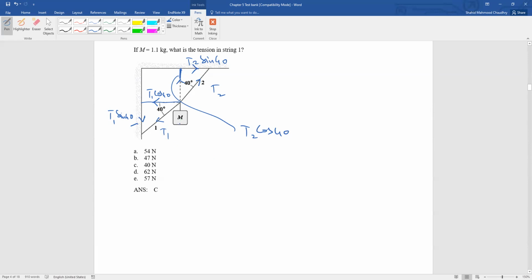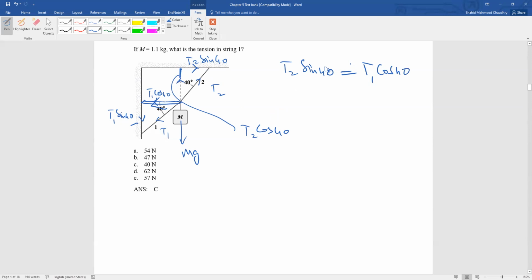Now the components are clear and this is mg. Now we will write the equations. First, along the x-axis, T2 sine of 40 is equal to T1 cos of 40.